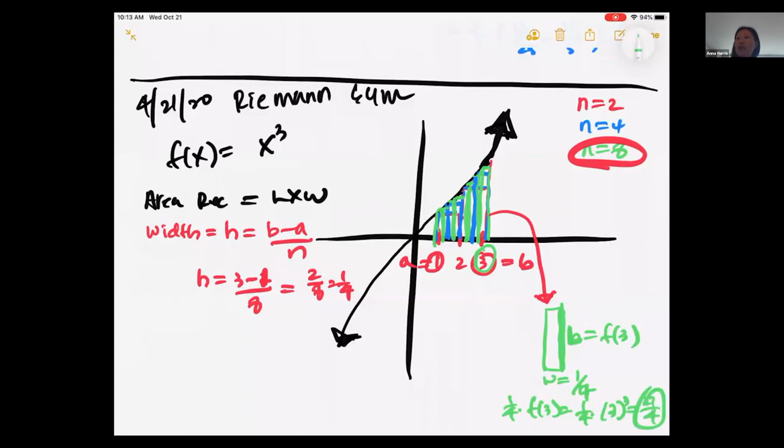That is the rectangle area of this last one right here. But this kind of stuff is better to do in Julia, because you don't want to do this by hand. It's too much work.